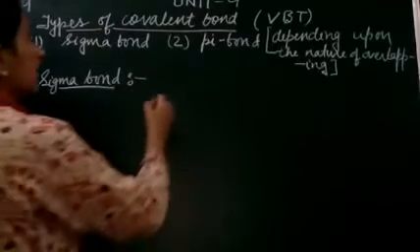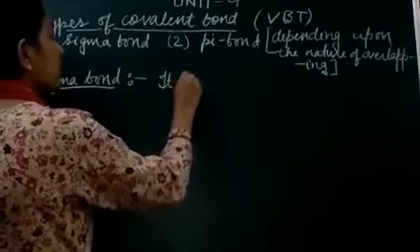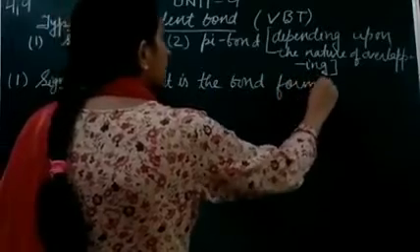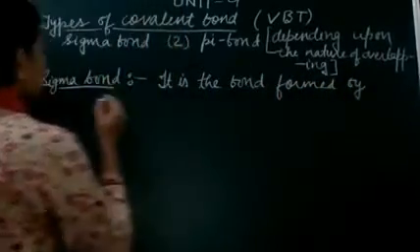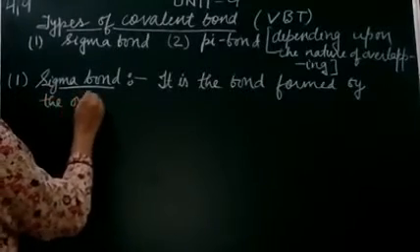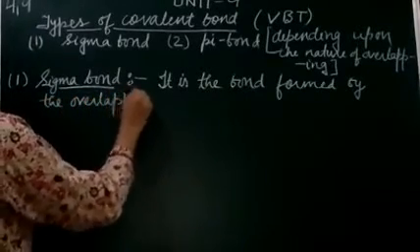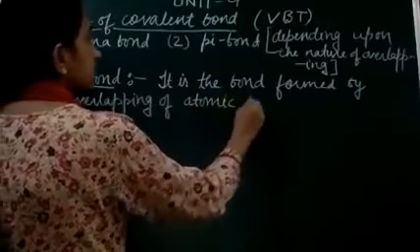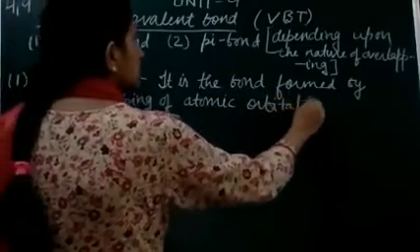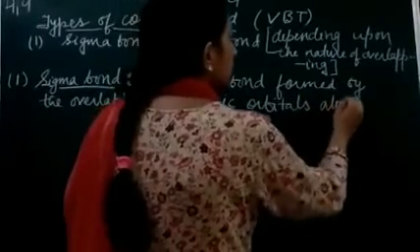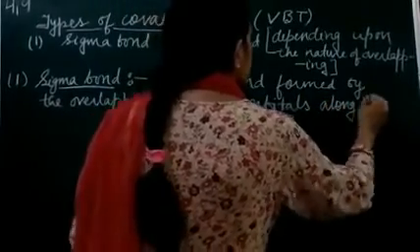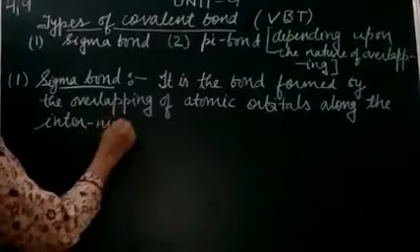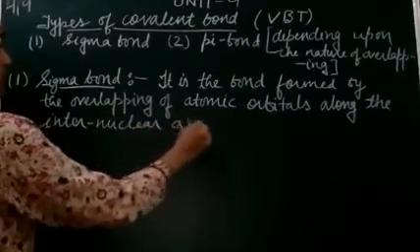Or we can say the sigma bond is a bond formed by the overlapping of atomic orbitals along the internuclear axis.